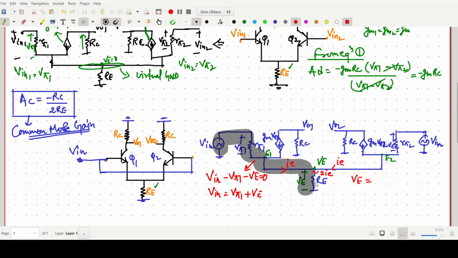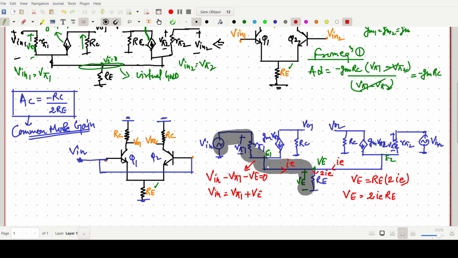So we can write VE, this voltage, is nothing but simply RE times twice IE, or we can write VE as twice IE RE. Now we have to write the value of IE.